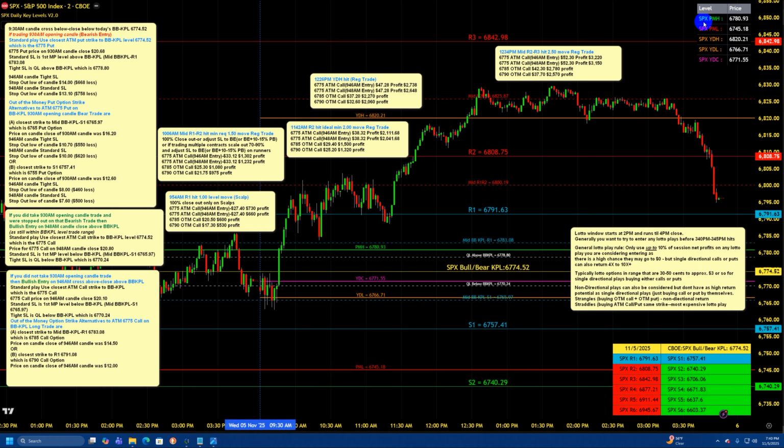Also, you'll see this table here, which is the SPX PMH, which stands for pre-market high, the SPX PML, which is the pre-market low, the YDH, which is yesterday's daily high, the previous session's RTH session high, the SPX YDL, which is yesterday's low, specifically the previous day's RTH session low, and then SPX YDC, which is specifically the previous day's RTH session close.